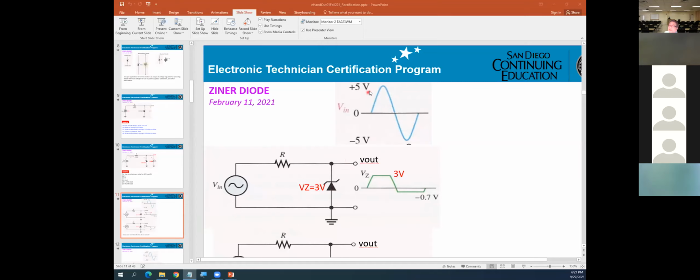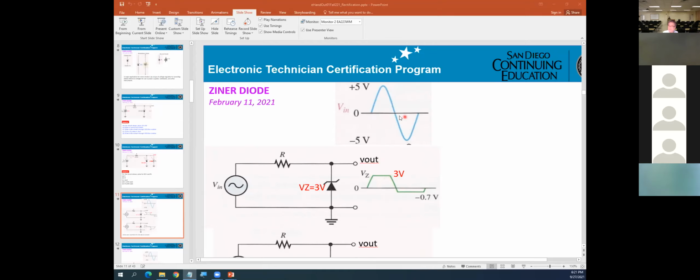Here, they gave you 5 volt peak, 10 volt peak to peak, and VZ equal to 3 volt. So for sure, no matter what, the voltage here will be higher than 3 volt. So that's why they cut it right here. Instead of going to 5 volt, they cannot. It will be cut at 3 volt right here.